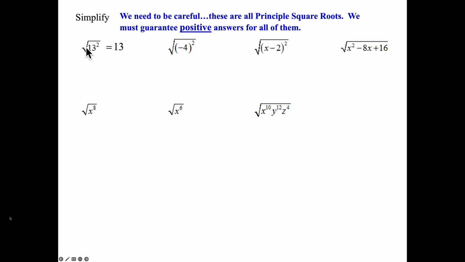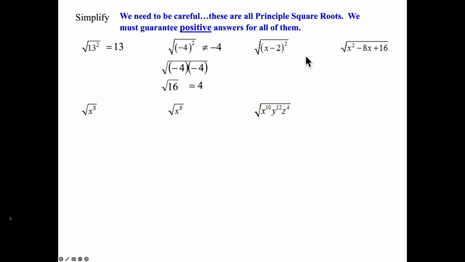A lot of people see the square root symbol and the square, and say we cancel each other out and get 13. Then they carry that over to this problem and cancel the square root with the 2. But that's not equal to negative 4 because it's not a positive answer. What technically happens here is the negative 4 is multiplied by itself, which gives you a positive 16, and the square root of 16 is a positive 4. It has to be a positive answer.